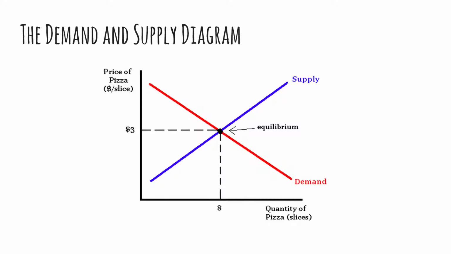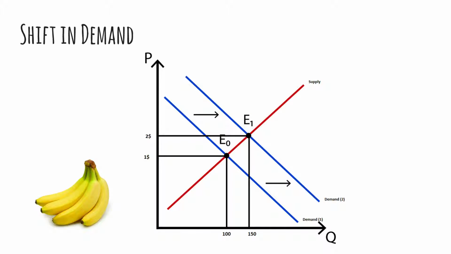However, the demand and supply curve has the ability to shift depending on the demand and supply for a certain good. Within this diagram, you can see a shift in demand. However, it is for the product of bananas. As you can see, E0 is the current demand and supply for bananas.